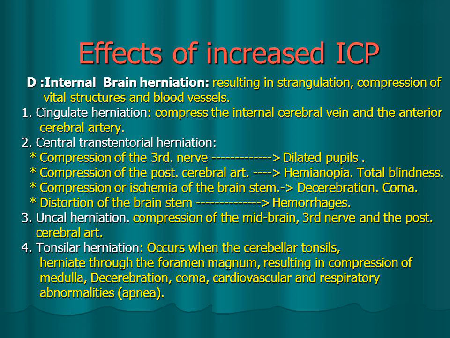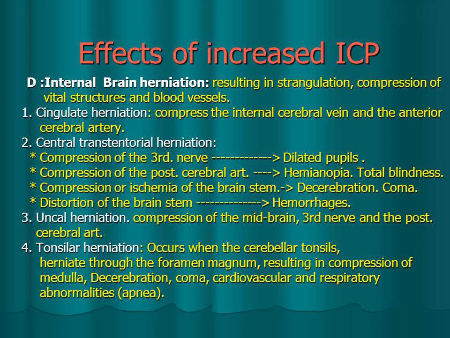Central transtentorial herniation: compression of the third nerve, leading to dilated pupils. Compression of the posterior cerebral artery, leading to hemianopia, total blindness. Compression or ischemia of the brainstem, leading to decerebration, coma. Distortion of the brainstem, leading to hemorrhages.